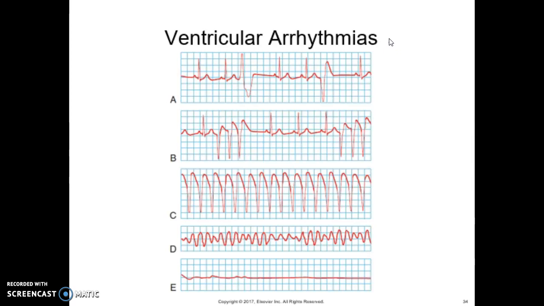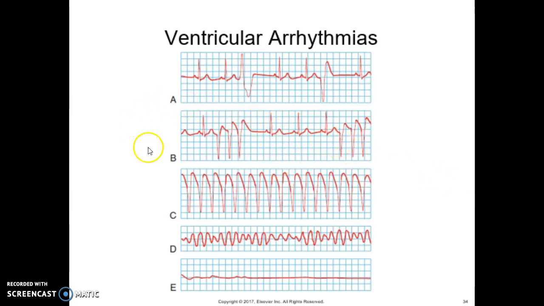Well, PVCs occur when an electrical change originates in either ventricle. This can appear on the ECG as an absent P wave, an abnormally shaped T wave, and a widened QRS complex.